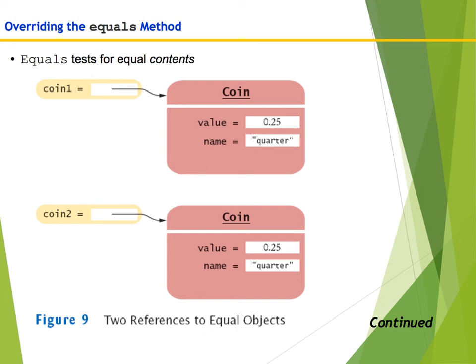The equals method of the Object class simply returns false because it says coin1 and coin2 have two different contents.